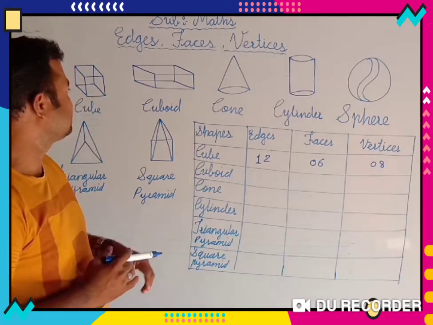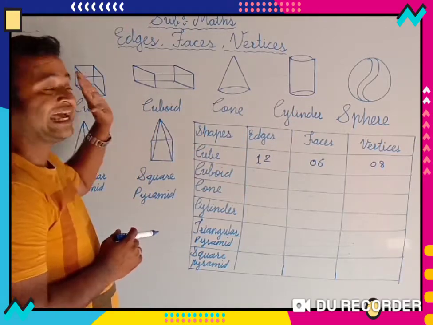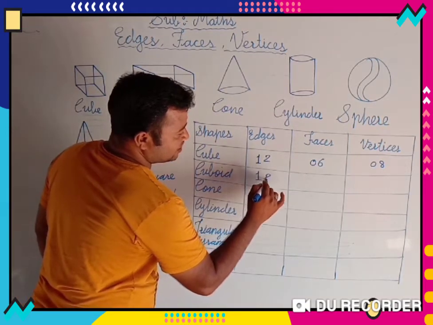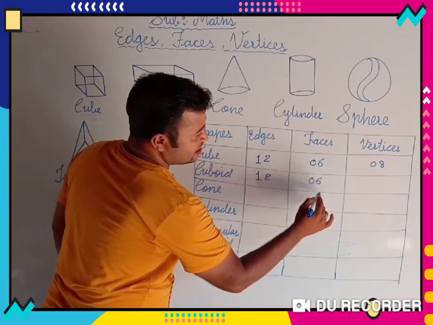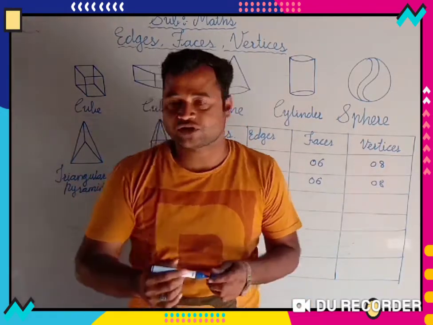Now we have also studied that the number of edges, faces and vertices in a cube and a cuboid are the same. So in a cuboid also the number of edges is 12, faces 6 and vertices 8. Here I have an example of a cuboid.